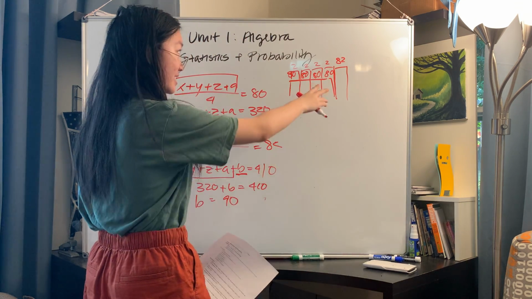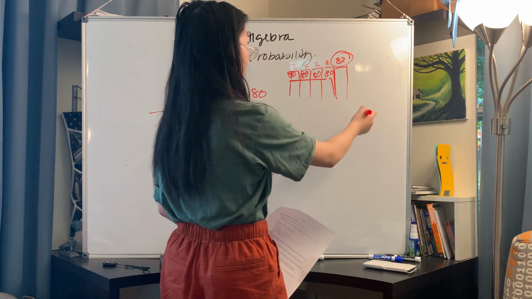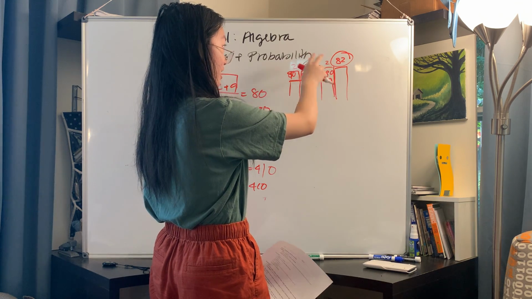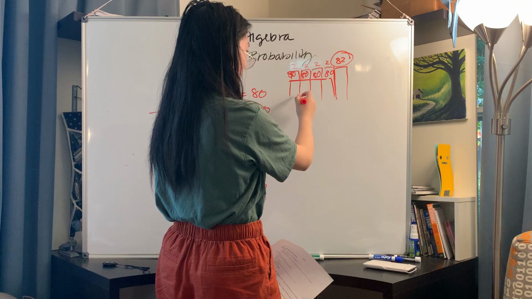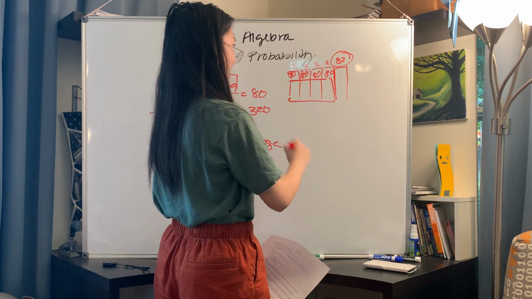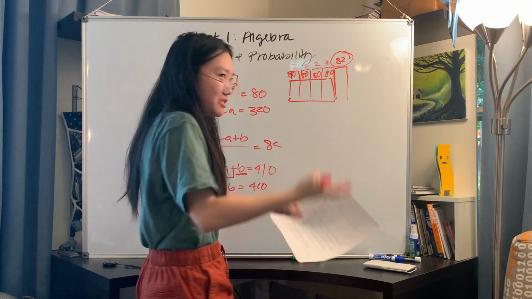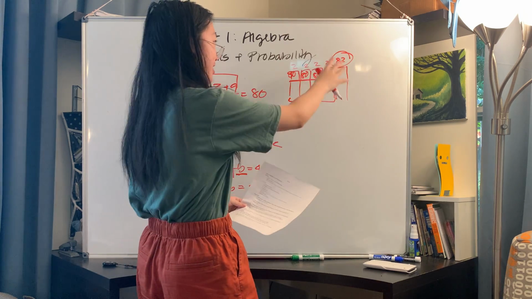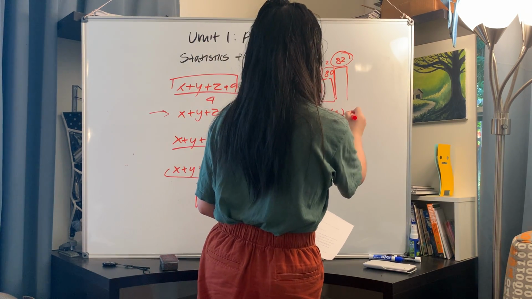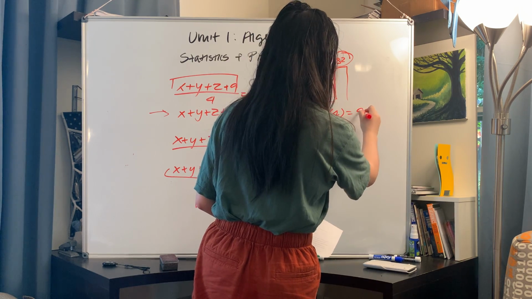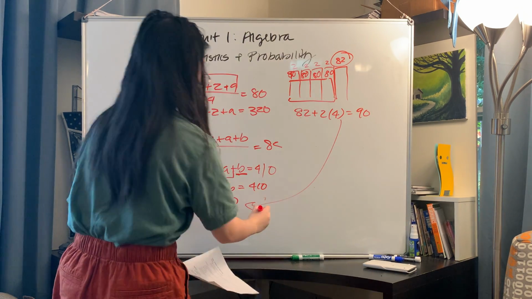And so on her next test, she has to score 82 plus 8 points for the rest of those 4 tests that she did not achieve 82 on, in order to boost them all up to get the average of 82. So it would be 82 plus 2 times 4, which is equal to 90, just like this answer here.